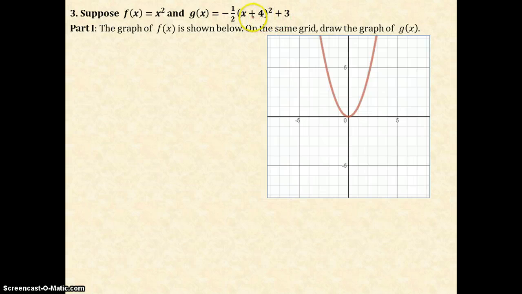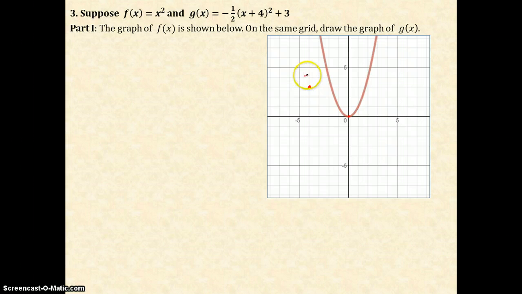A plus 4 really means minus negative 4, so that means to the left 4 units. If I'm thinking about the vertex was here, it's going to go to the left 4 units. And then the plus 3 says up 3 units. So up 1, 2, 3 units.